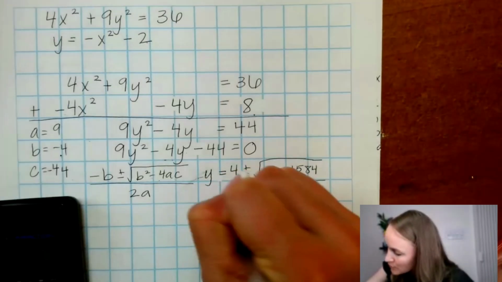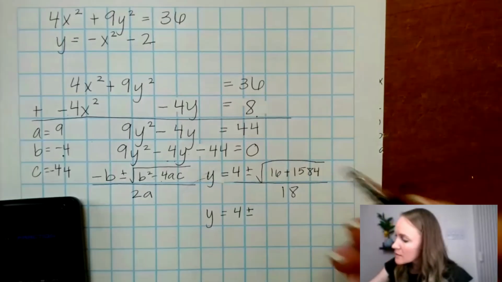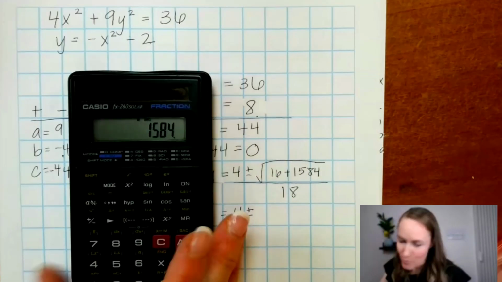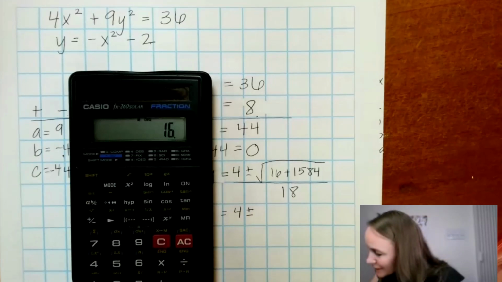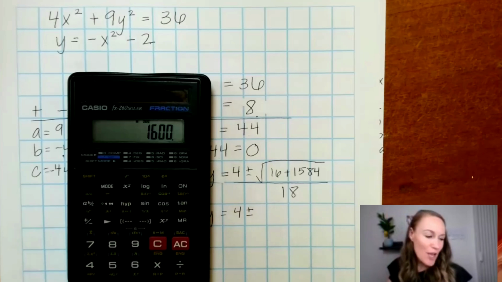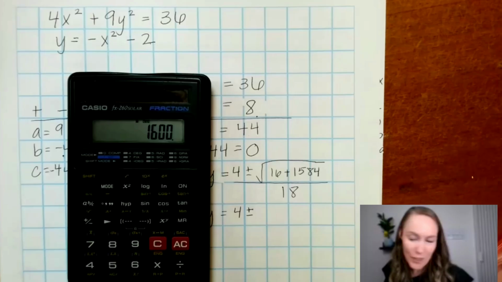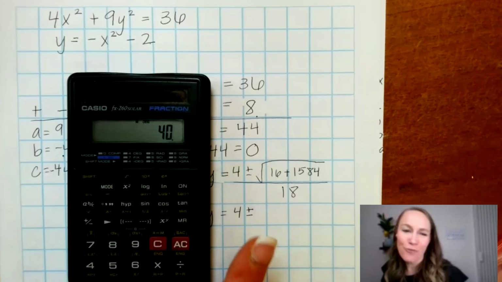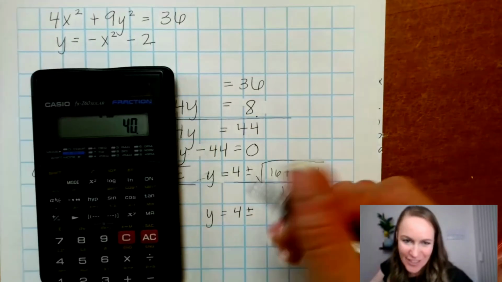So Y equals 4 plus minus, I have 1,584 plus 16, and that is square rooted. Oh, it's 1,600. So that would make it 40, right? 1,600 square rooted is 40. Yes. Okay, so great.